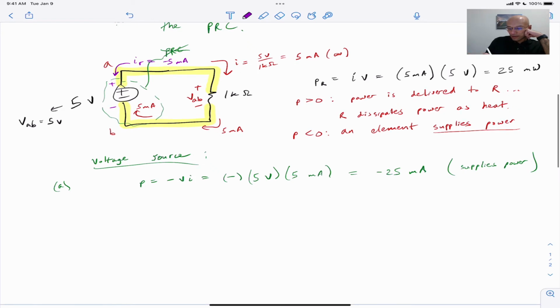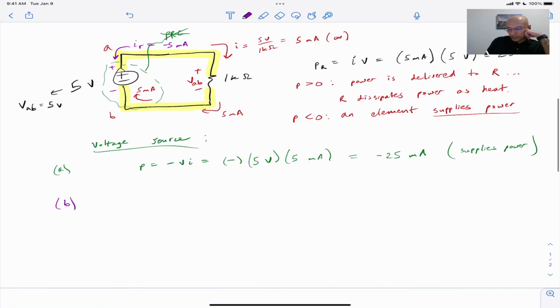So for option B, we'll just use the regular P equals VI, but the question is which V are we using? And so it's VAB. And which I are we using? That's another important question. And this is the IR. VAB we know is 5 volts, and then IR is negative 5 milliamps, and it's negative 25 milliwatts.